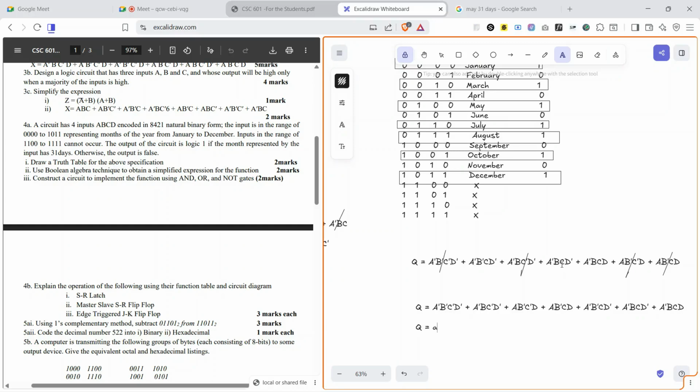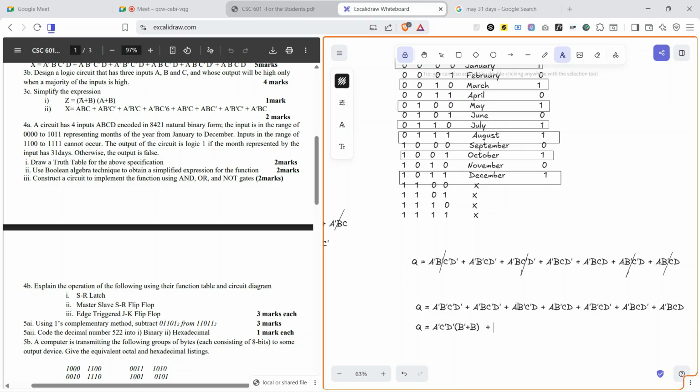So this is the same thing as A bar, B bar, B bar, C. Okay, this is the same thing as C bar, D bar into B bar plus B. That's the first one.